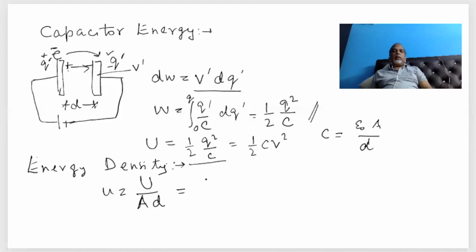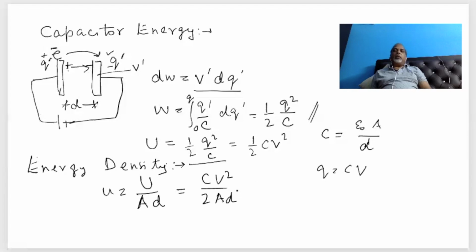This can be written as C V square upon 2 A D, because we know Q is equal to C V and U is nothing but half C V square.